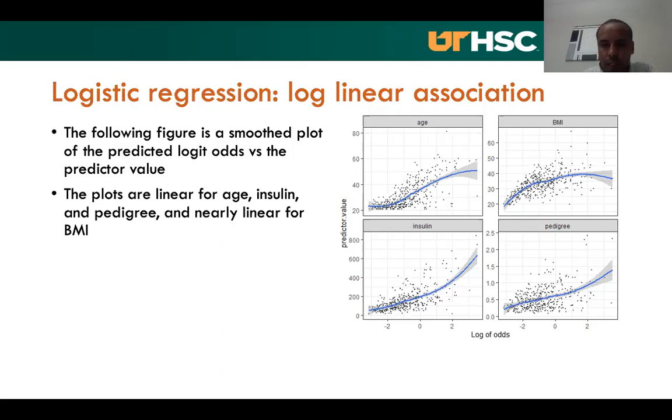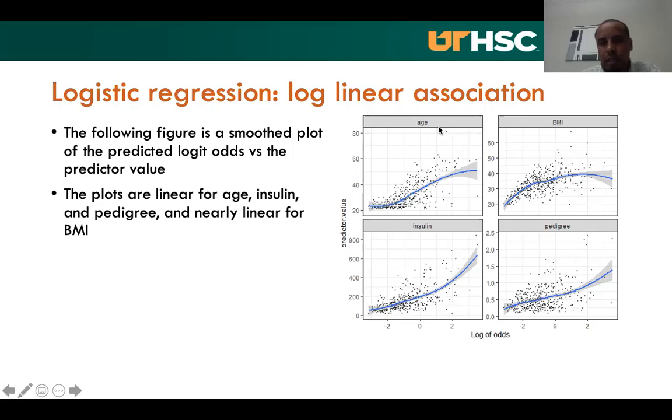So looking at the linear association between the log odds of the outcome and the predictor variables, here we have the log odds of the outcome plotted on the x-axis and the predictor variables plotted on the y-axis.